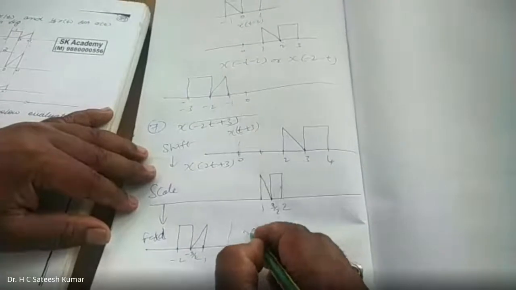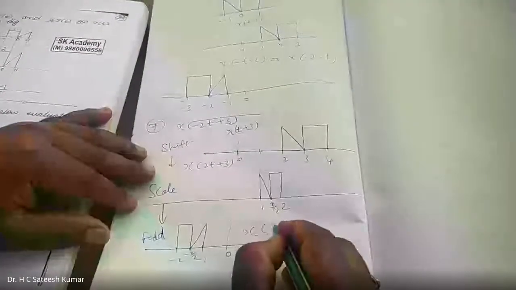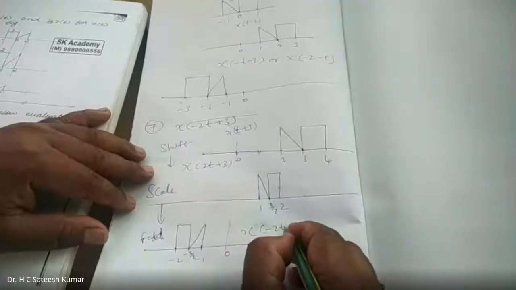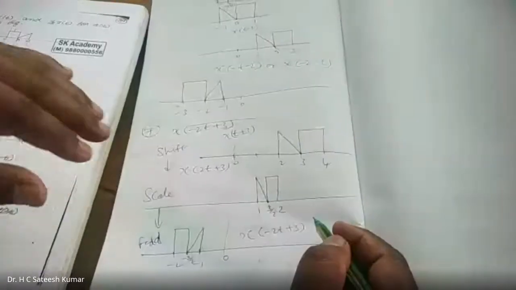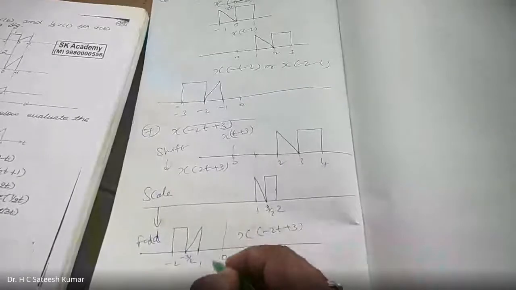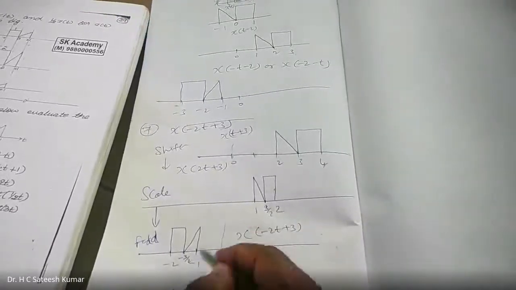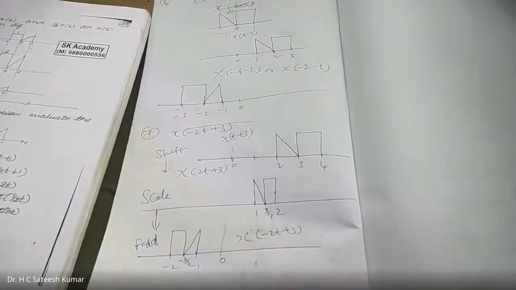So this is your x of -2t plus 3. Shifting, scaling, and folding, we did it. 1 will go to -1, 3 by 2 will go to -3 by 2, 2 will go to -2. That's how we should do it. So that is about the seventh one.